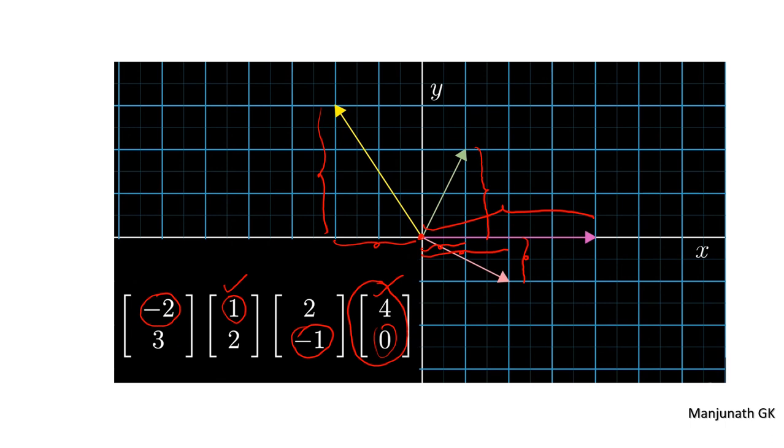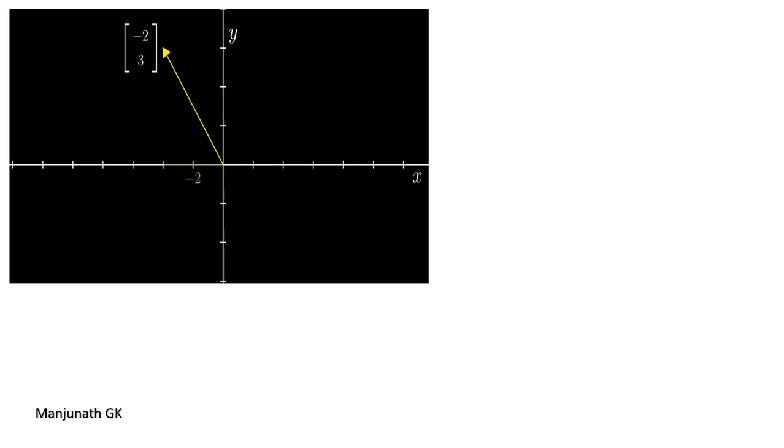So these are some different vectors. All are having only two components and only two axes.